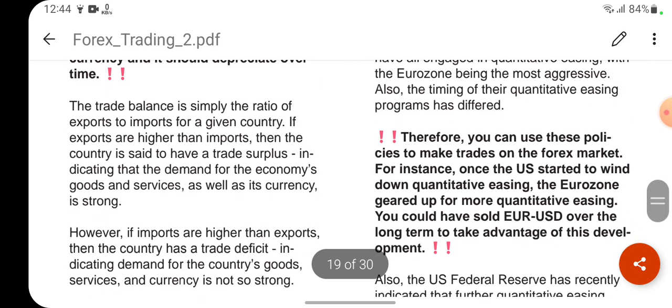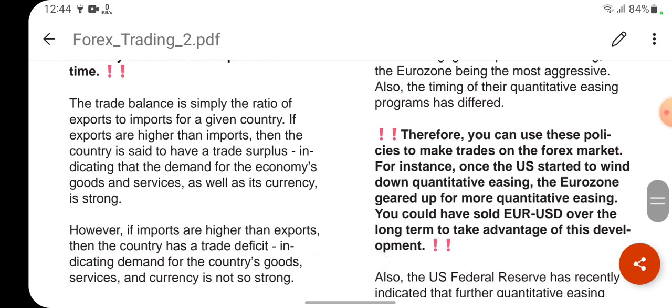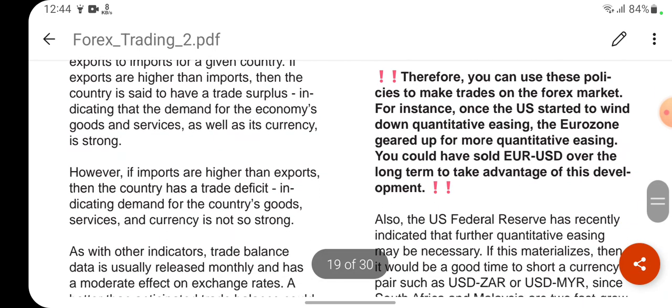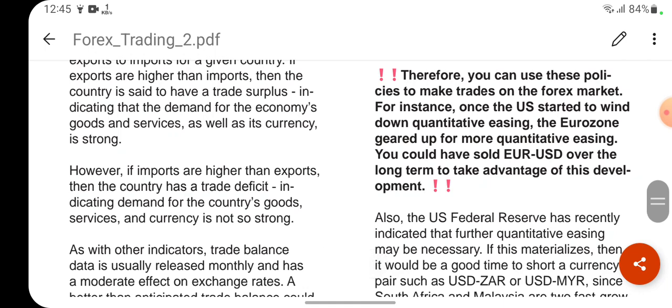The trade balance is simply the ratio of exports to imports for a given country. If exports are higher than imports, then the country is said to have a trade surplus, indicating that the demand for the economy's goods and services as well as its currency is strong. However, if imports are higher than exports, then the country has a trade deficit, indicating demand for the country's goods, services, and currency is not so strong.